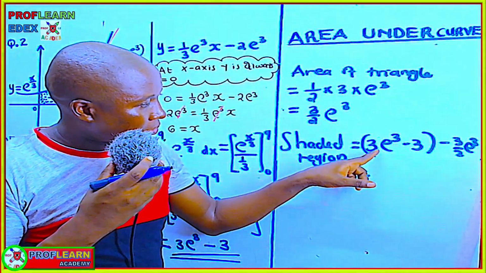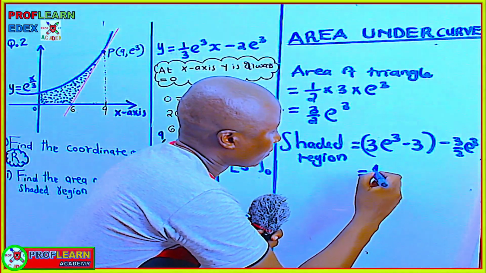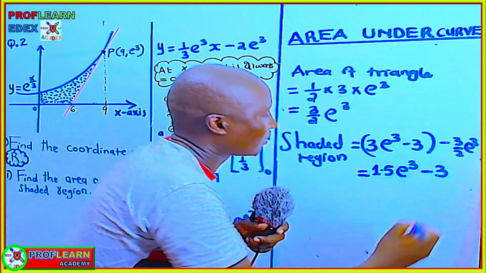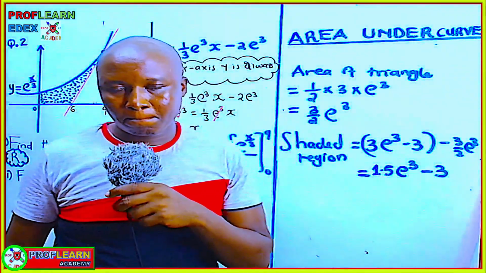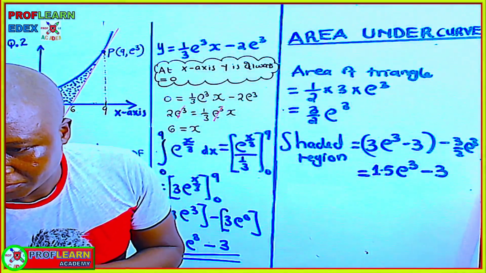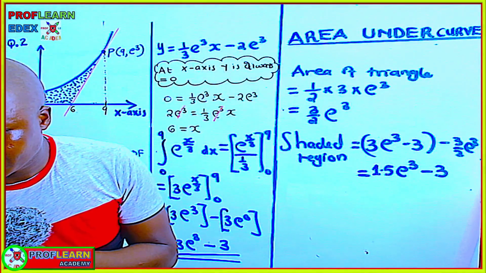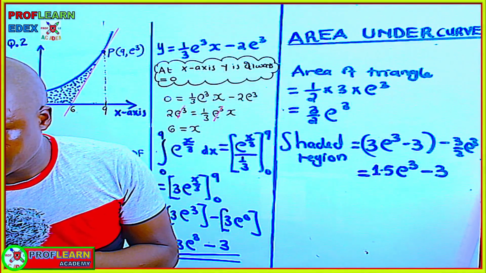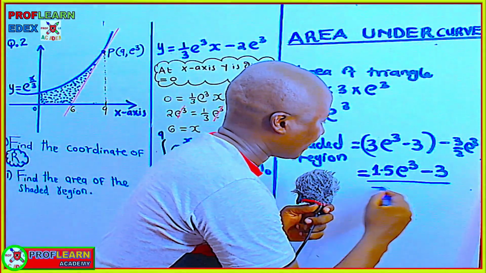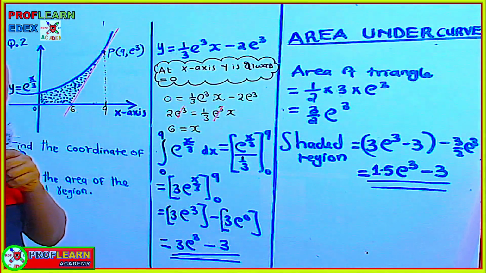Subtracted from 3, so the final answer becomes 1.5 e^3 minus 3. And now we ascertain this is the area of the shaded part.